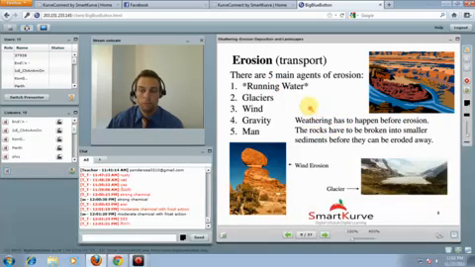So weathering is the breakdown of large rocks into smaller particles called sediments, and erosion is the movement of those particles or sediments. And just because we're using the word particles doesn't mean that we're talking about really, really small stuff.